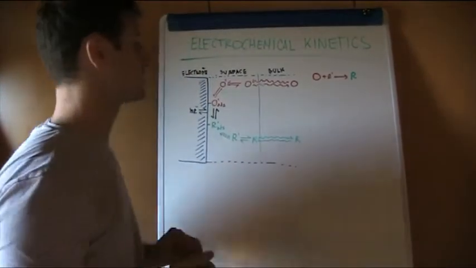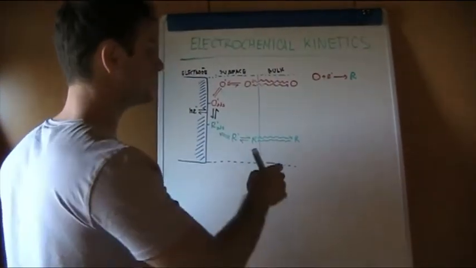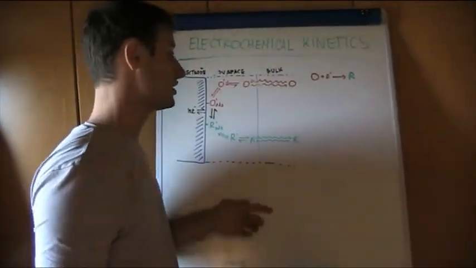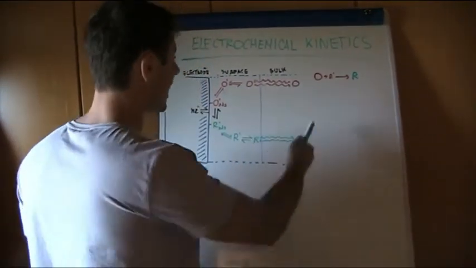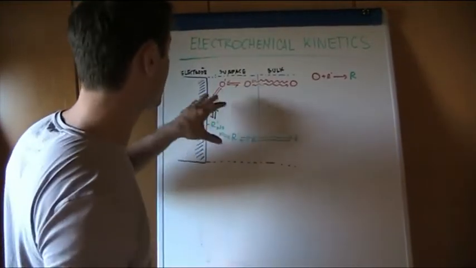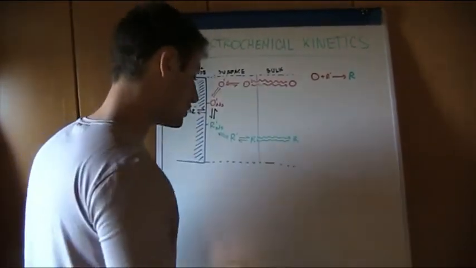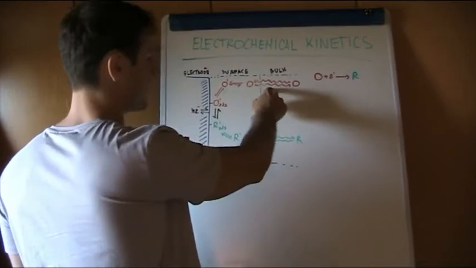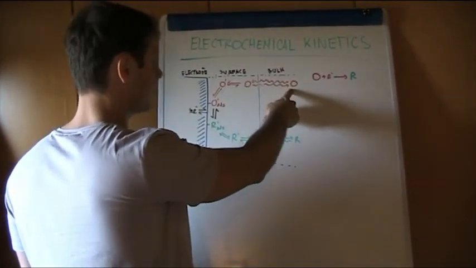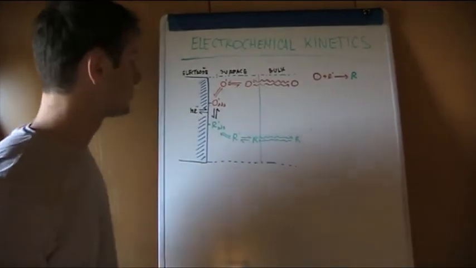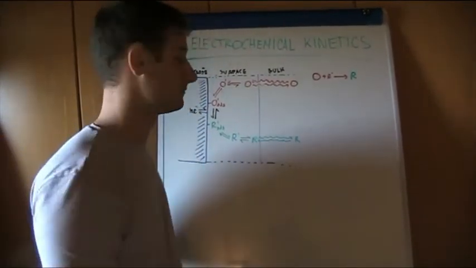So we want to proceed in this direction. What is happening is that our reagent should migrate, at the very beginning, from the bulk to the interface, approaching the surface of the electrode. And so we have a first movement, a first transport, a first diffusion between the bulk and the surface. So a mass transport, basically.